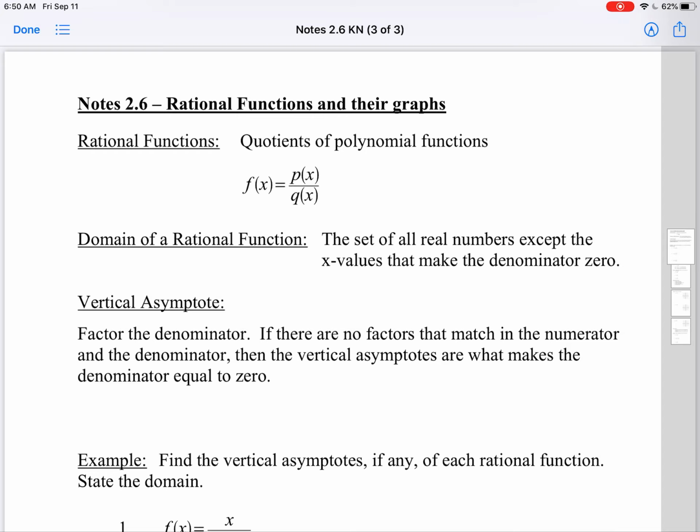The assignment might just be 2.6 homework. Yes, okay, so it is just 2.6 homework. However, if you review all of our homework that we've covered so far in Unit 2, then you should do just fine on the test.